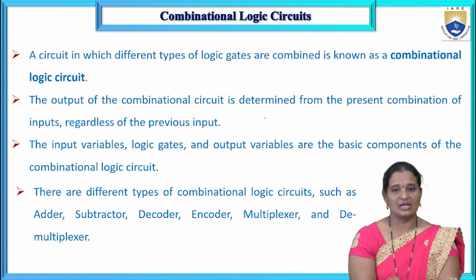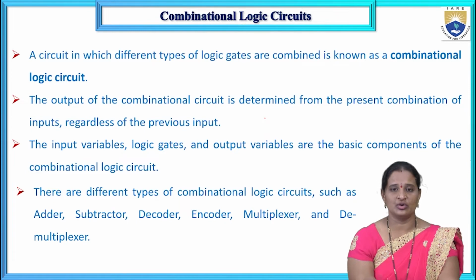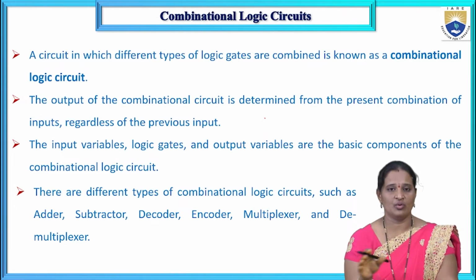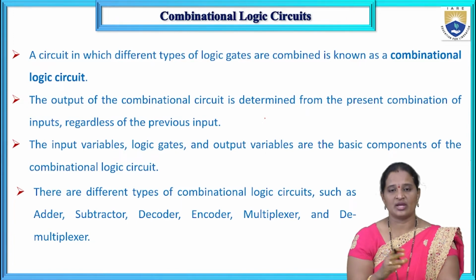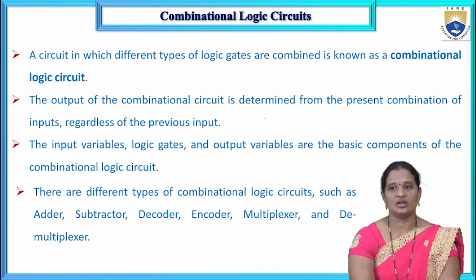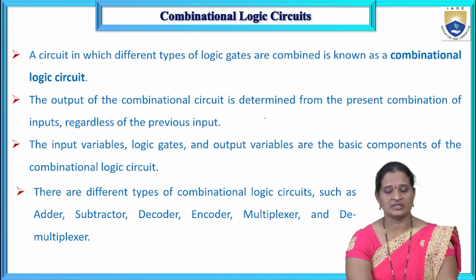The output mainly depends on the inputs applied to the circuit at that particular instant of time. It won't depend upon the previous input or the previous outputs. So combinational circuits are digital circuits in which the output depends only on the present input.